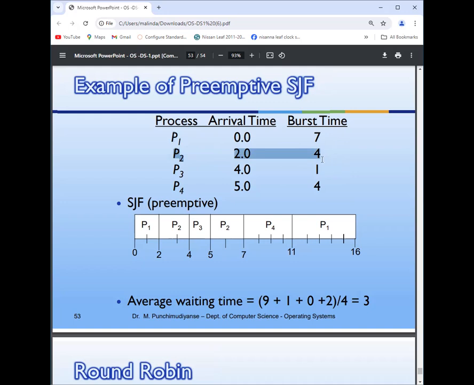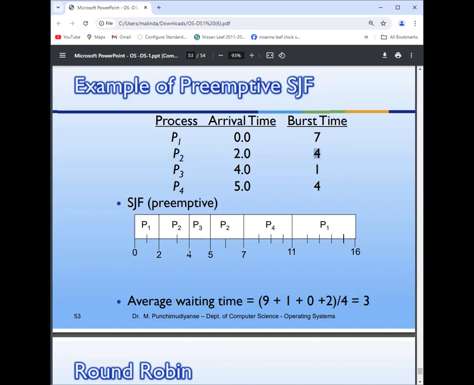So then P2 is allowed to run, right? P1 is preempted, so P1 is waiting in the ready queue with the 5 milliseconds remaining. P2 has started work. Then another one comes. P3 comes at 4. Then we have to check again. P2 has already started work with the 4 milliseconds.